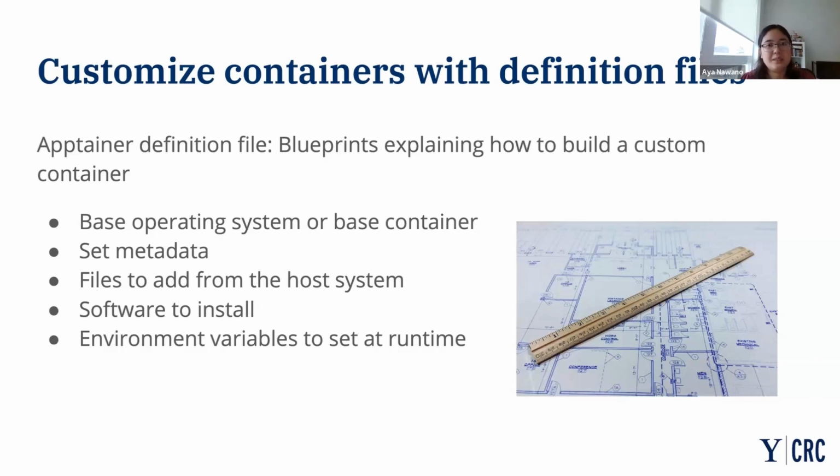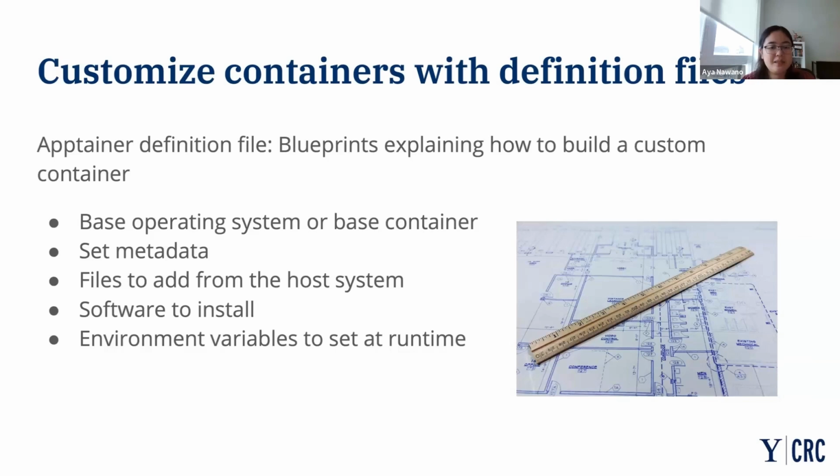Files to add from the host system, which means that you can specify any files that need to be copied from the host system into the container. Software to install: you can install software packages and dependencies within the container, like using package managers such as apt for Ubuntu or yum for CentOS to install specific software packages that are required by your application.